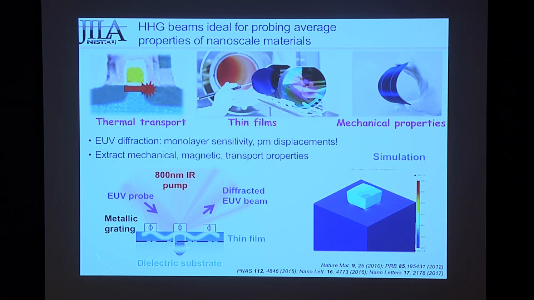And we would do a spectroscopy of this material. For example, we'd heat the nanostructure with a laser pulse, and of course, if you heat a nanostructure, it's going to thermally expand.